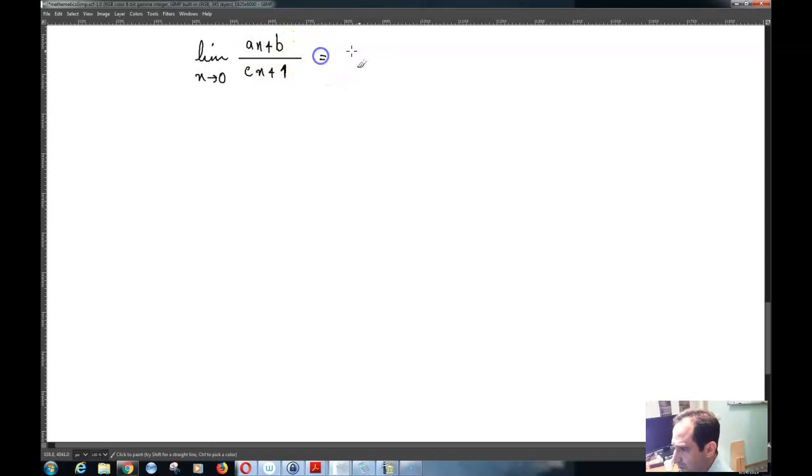But as x tends to 0, you can write this as a times 0 plus b over c times 0 plus 1, which is equal to b. Simple as that. 9 is b.